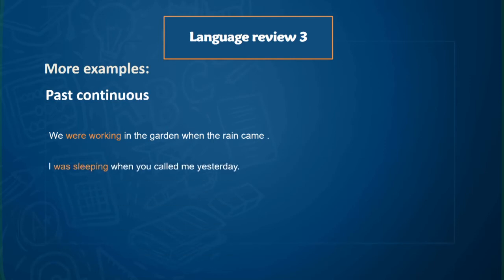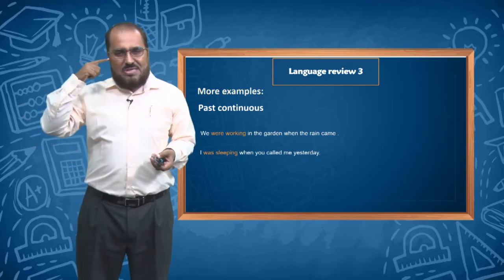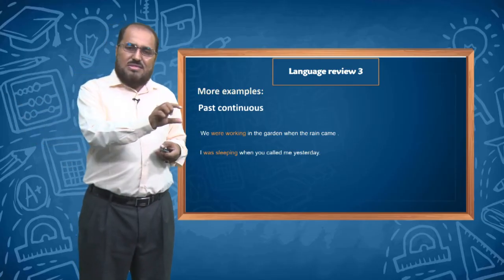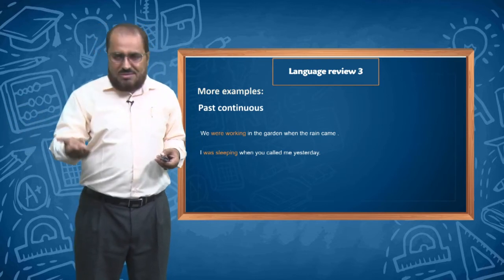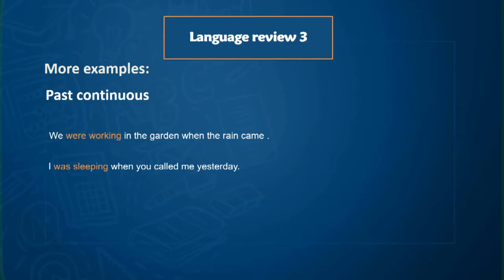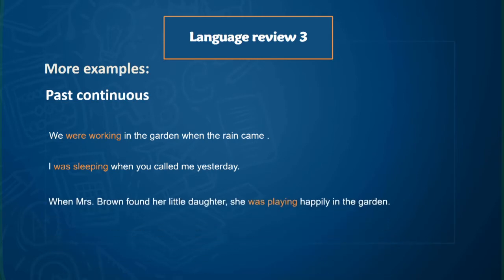I was sleeping when you called me yesterday. That means something was continuing: I was sleeping. Then suddenly you called me yesterday. One action was longer, the other shorter. Sleeping, then a phone call came. When Mrs. Brown found her daughter, she was playing happily in the garden.